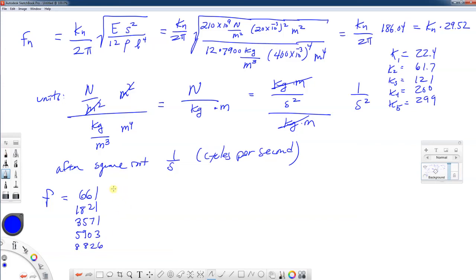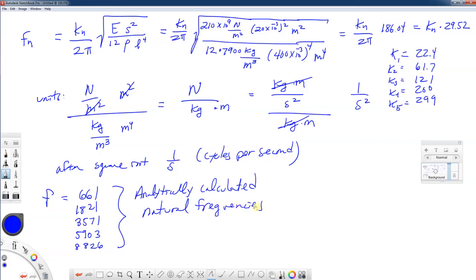Okay, so these are analytically calculated natural frequencies in cycles per second. So we'll keep those in mind. We'll save this page and we'll call this back up when we calculate our natural frequencies with Abaqus, and we'll see what's going on.